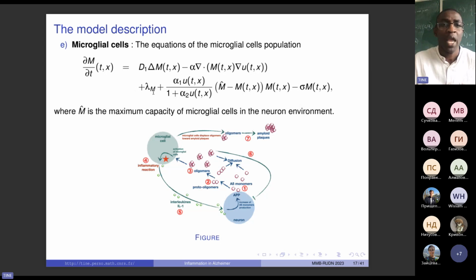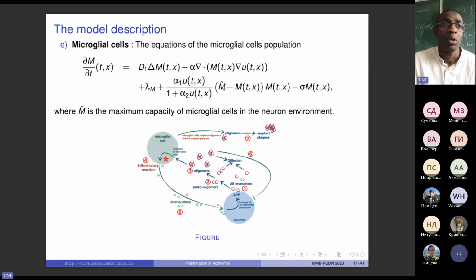So, of course, we have the basal production of microglia cells in the brain. Whether or not there are oligomers, we have a basal production. All the time we have a basal production of microglia cells in the organism. This term is just a production term, and it depends on the presence of oligomers.